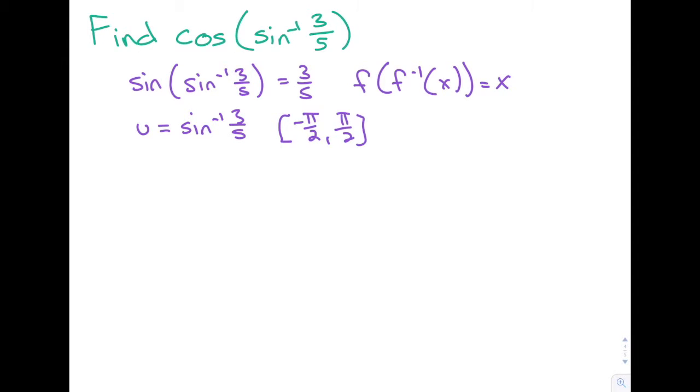Recall from when we were writing one trigonometric function in terms of another that cosine of u equals the positive square root of 1 minus sine squared of u. We choose positive because cosine in the first and fourth quadrants is positive. So we're all good, and that's a function of the outputs of sine.